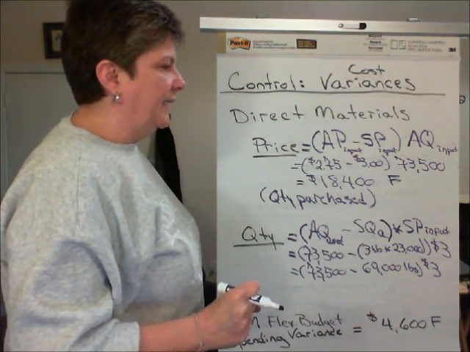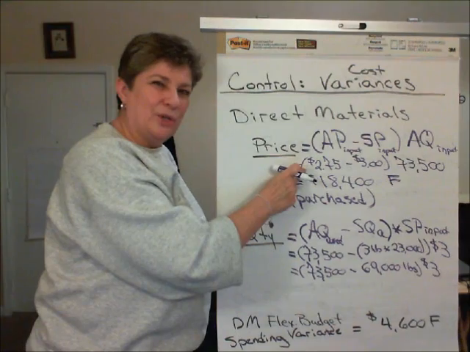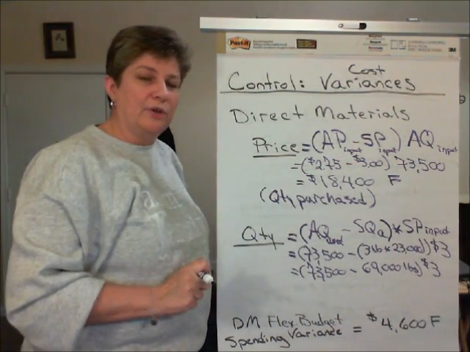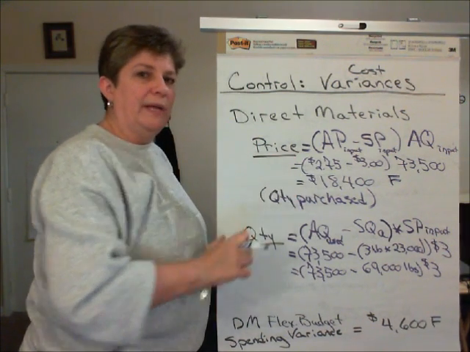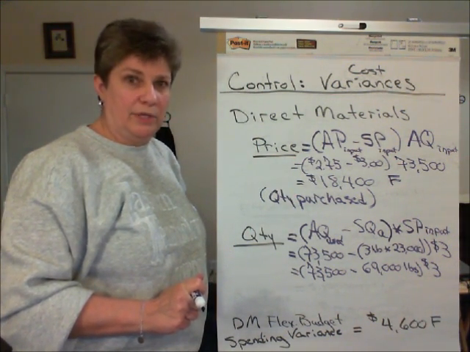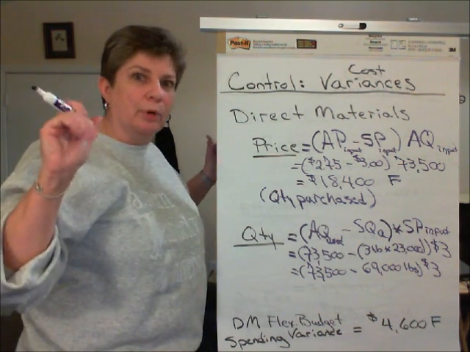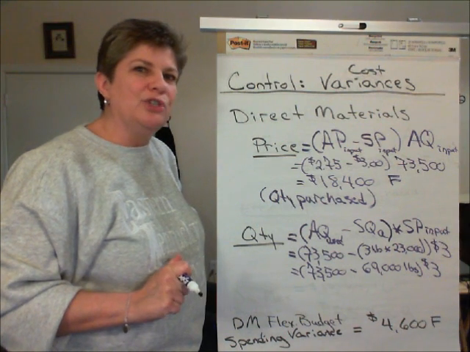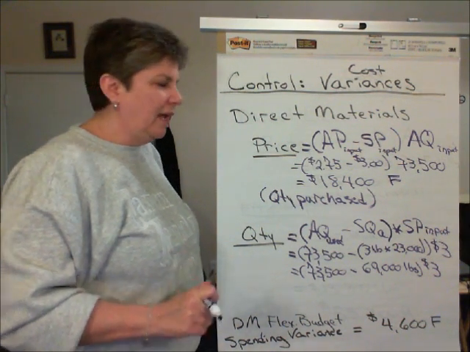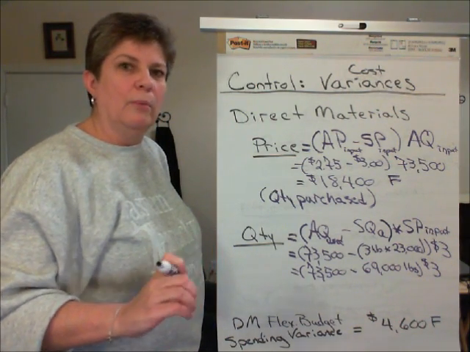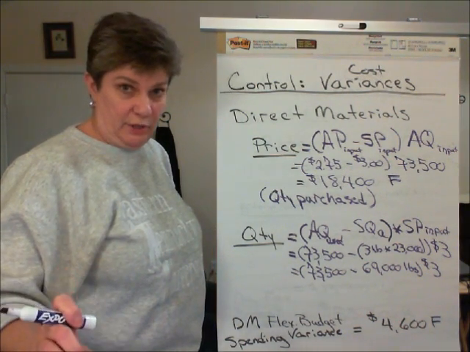Could also be that $2.75, that was less than the $3 standard price, could have been because of inferior quality materials. We got cheaper materials, not just cheaper in cost, but cheaper in quality. And poorer quality materials often yield more waste of materials.